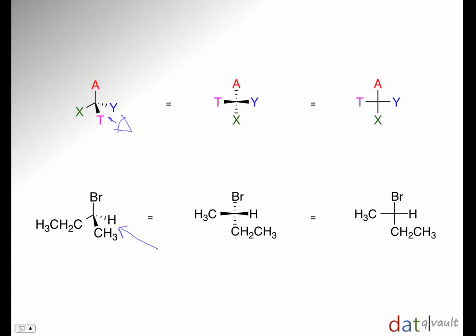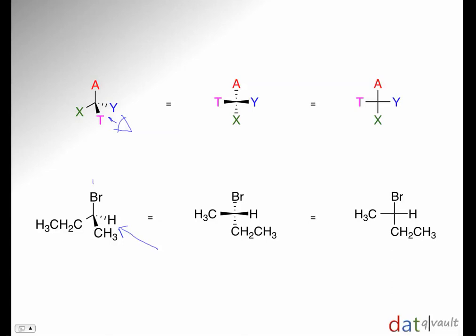Fischer projections are really useful in helping us determine if a molecule is an R or an S stereoisomer. So let's take this molecule in the three-dimensional form and figure out if it's R or S around this chiral center. This is a chiral molecule, remember, because it has 4 different substituents on it.